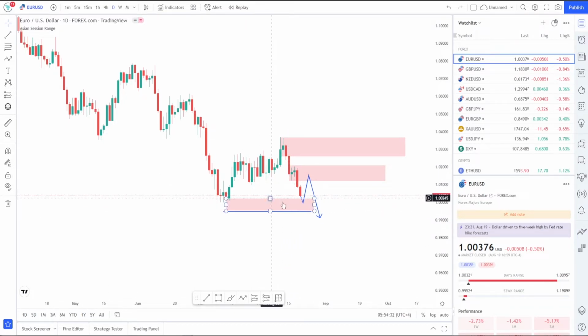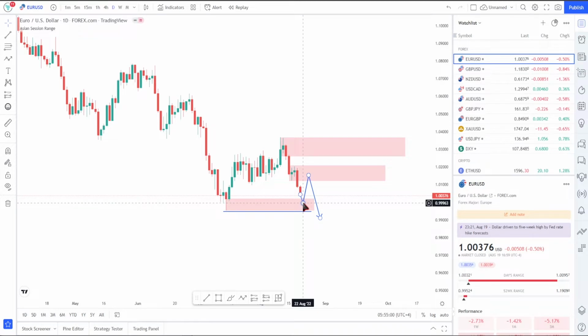So expecting buys from here is a little bit risky, but obviously we will be waiting for our 5-minute confirmations, and possibly we could see some pullback from this area of not very strong demand. If I see my 5-minute rules get followed, I could potentially get long from here, and I'll target this imbalance or this area of supply marked.